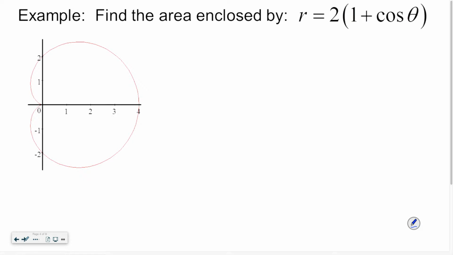I want the area enclosed by this cardioid. That's like a tomato. That's better. Don't you know all hearts look like tomatoes? Why is the 2 not distributed? It's not just form. You can write it distributed if you would like.